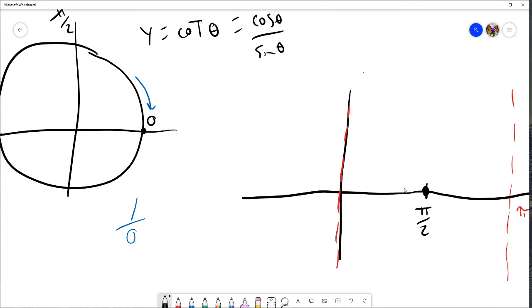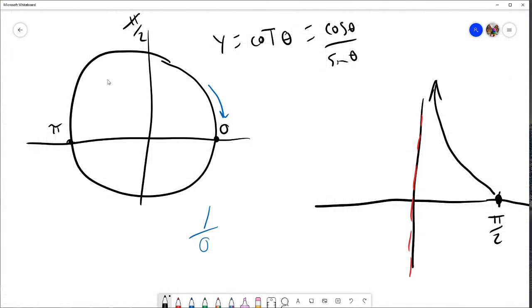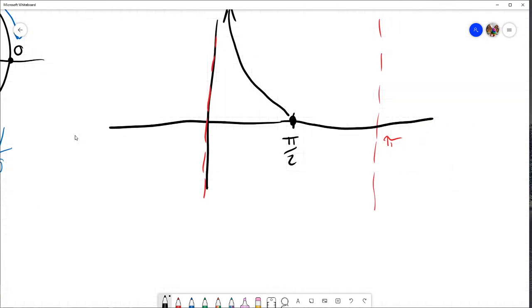So this is going to shoot up like so towards positive infinity. And then when we consider going over here, cosine in quadrant 2 is negative. And so as we get closer to pi, we're going to shoot down towards negative infinity. So there's our graph. It's very similar to tangent.